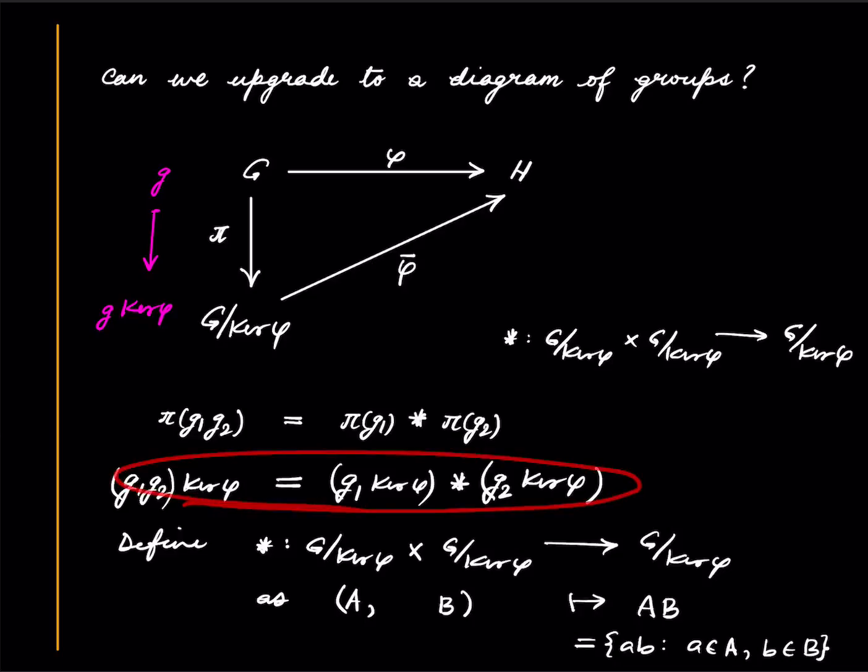That candidate is given by this equation: there's only one candidate for star, which is to take the pointwise product and put everything in a box. That makes this into a group homomorphism and this into a group. Lastly, we need to check that this also becomes a group homomorphism.